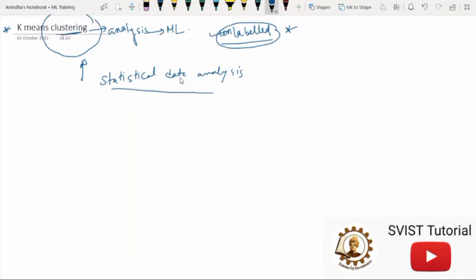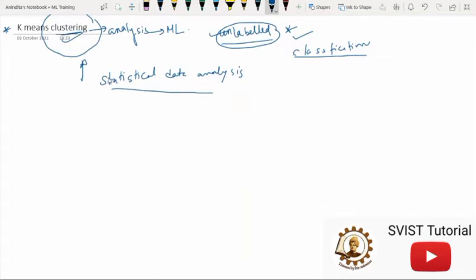I want to tell you one note: clustering is very similar to the classification algorithm. Sometimes people use these concepts interchangeably, but the difference is the type of data set that we are using. Keep this in mind. Classification and clustering are not the same concept.